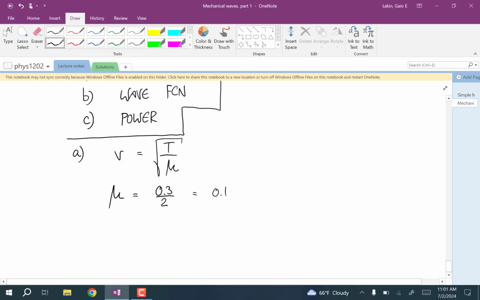And so that's 0.15 kilograms per meter. And so the wave speed is the square root of 120 divided by 0.15. I'm keeping all this in SI units, so I don't really have to think about the units. And we get a wave speed of 28.28 meters per second.